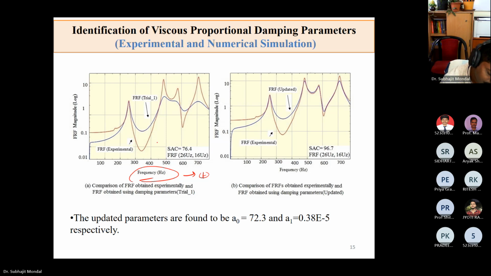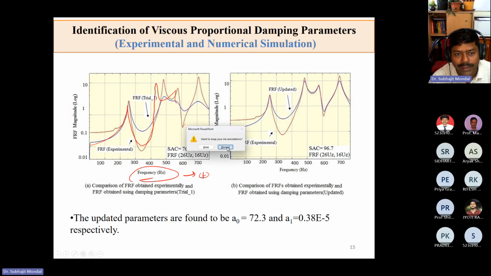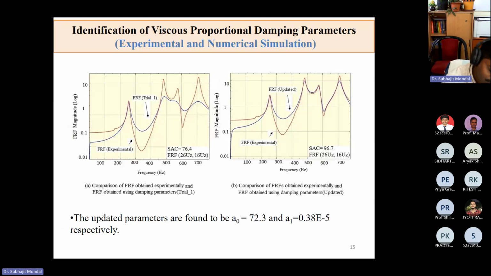Here you can observe that in the frequency domain analysis we have a well-defined pattern. Now, how do we identify which parameter is influencing the response? Look at this peak. If this peak is sharp or blunt, in both cases that is due to a change in the damping parameter.